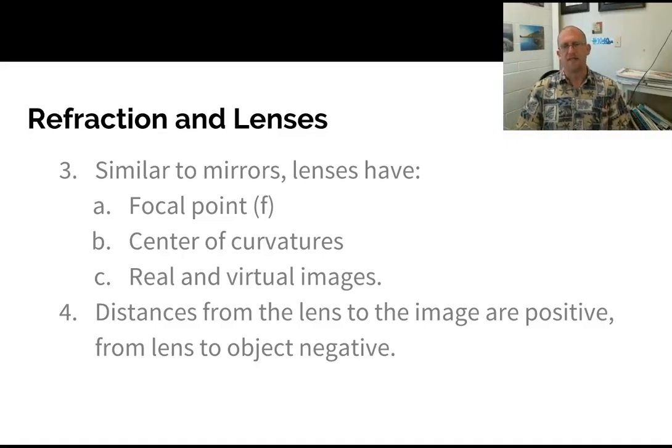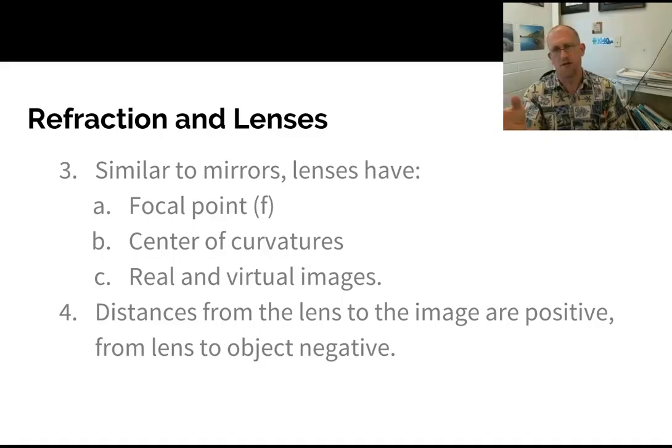Okay, distances from lenses to the image are positive numbers. Distances from a lens to the object are negative numbers. So just as we're measuring distance and displacement, the lens itself is the reference point, that's 0.